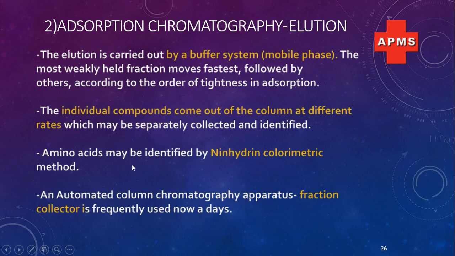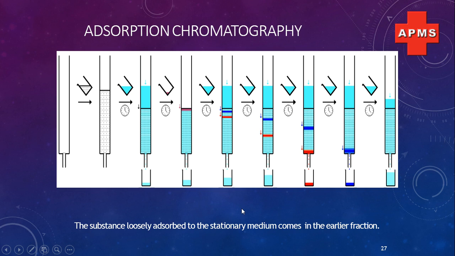So when the different components are separated, these are some techniques which may identify the components present in our sample. And an automated column chromatography apparatus with a fraction collector is frequently used nowadays. This is adsorption chromatography.